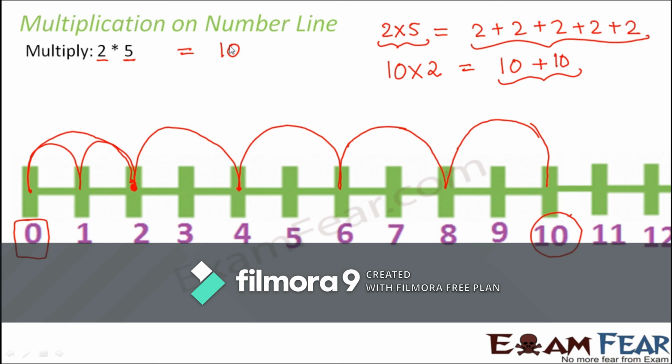So basically, whenever we are multiplying two things, we are trying to say that the first number is being added these many times. So 2 is added 5 times. The first 2 that you add, you have to add from 0, because initially you had nothing.